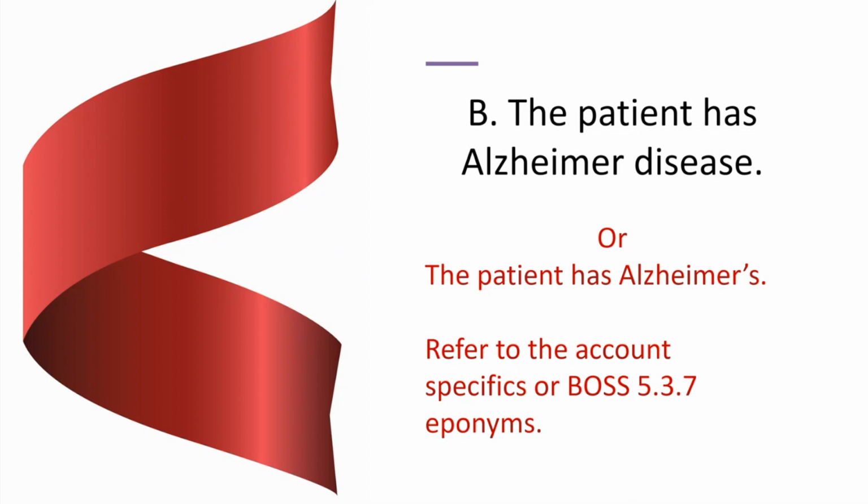But if an eponym is followed by a noun, the apostrophe S is dropped. If the eponym is not followed by a noun, an apostrophe S is added. So in this case, the patient has Alzheimer's. We would use the apostrophe S. There's no noun following it. Or the patient has Alzheimer disease.